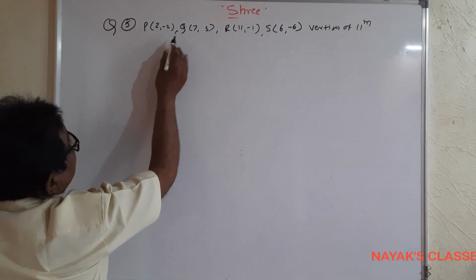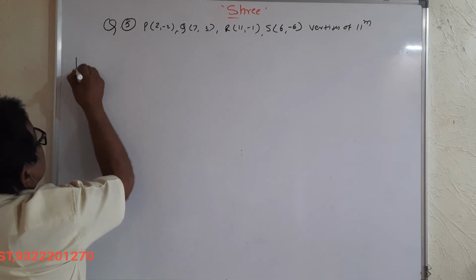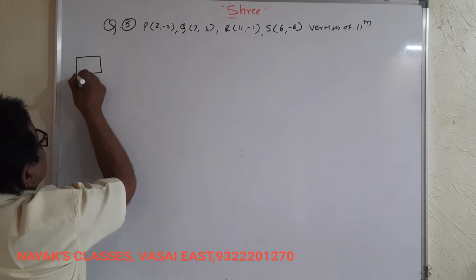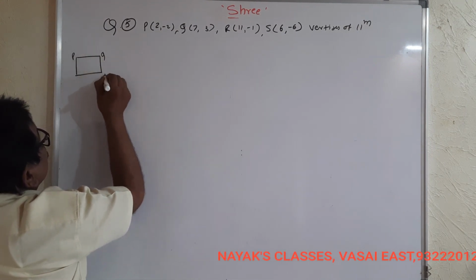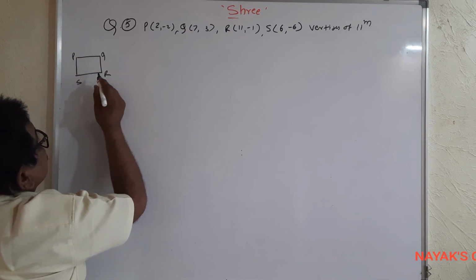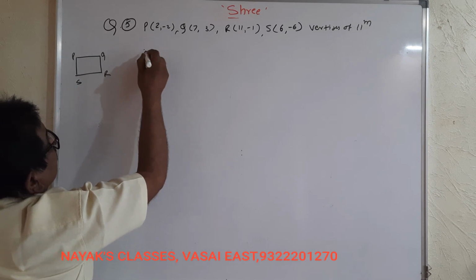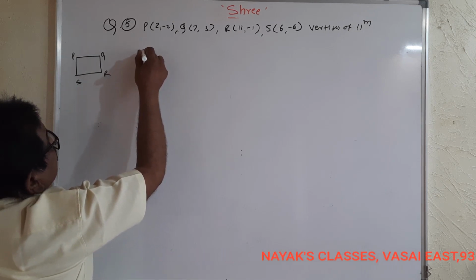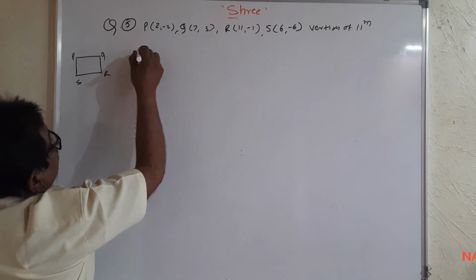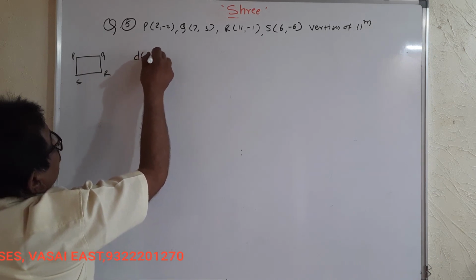First we will take PQ. See this figure, P, Q, R, S. So first we are finding the distance PQ.